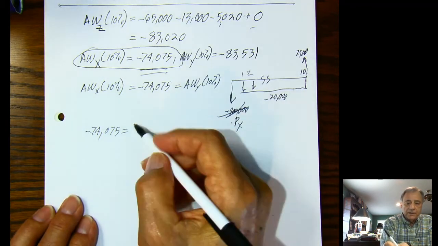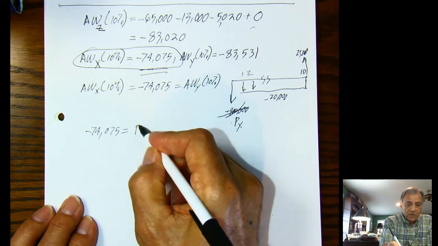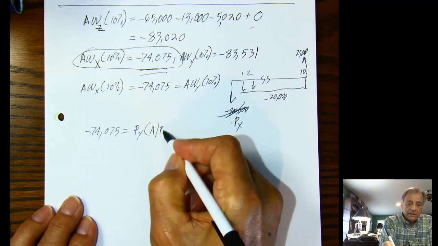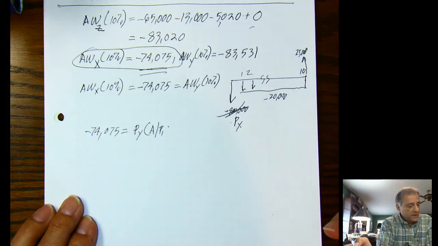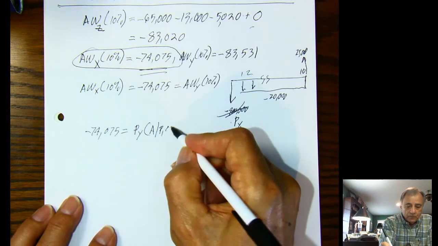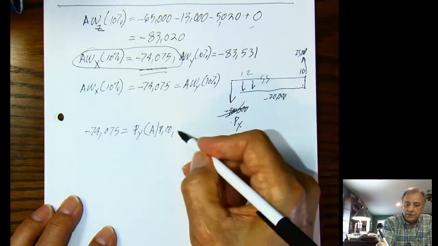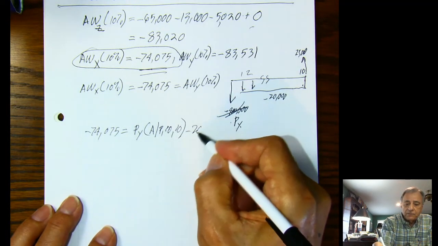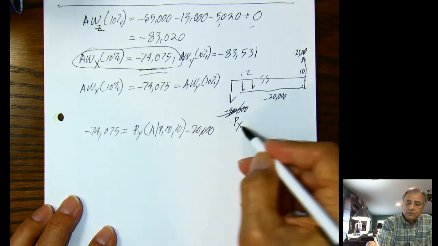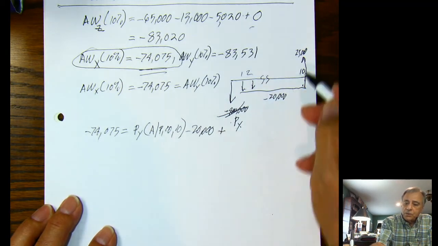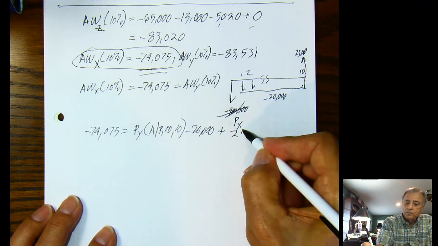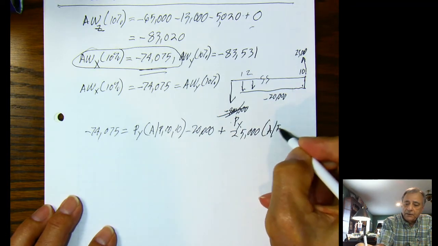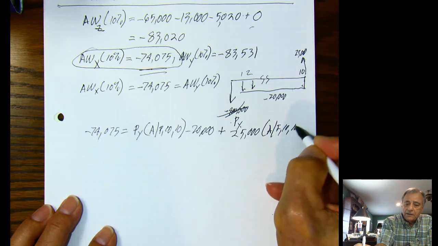So this will be P sub Y times A given P, what's the rate? 10%, and this is a 10-year series, minus 20,000 plus 25,000 A given F, 10 and 10.